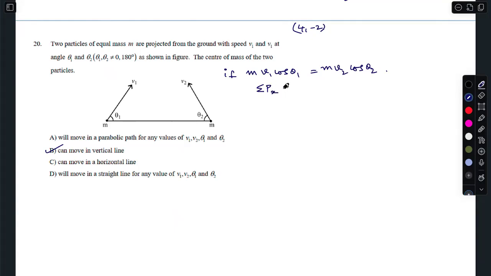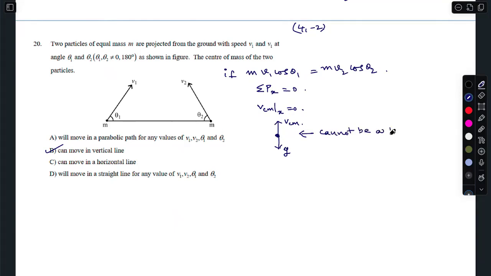Sigma px is 0, there is no momentum in the x direction. VCM x is equal to 0 in this case, and the center of mass will only have a vertical component. And g acts vertically downwards, so obviously it cannot be a parabolic path.